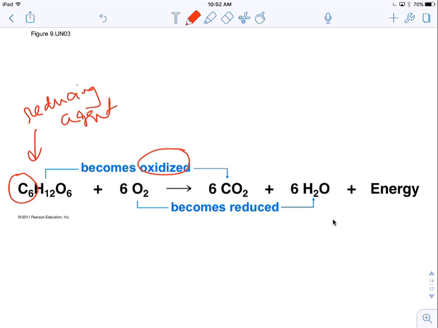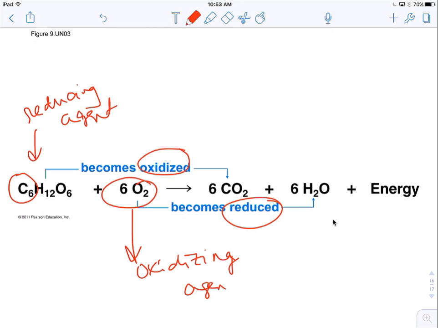Okay, and oxygen is going to gain electrons because it's going from a non-polar covalent bond to a polar covalent bond. So it is going to become reduced, and oxygen, again, is pretty much always the oxidizing agent. It's kind of how we got the name for it.